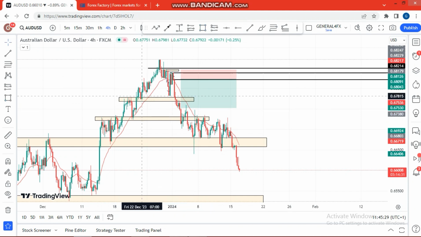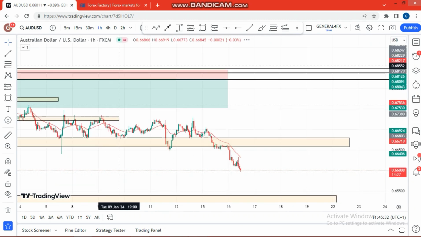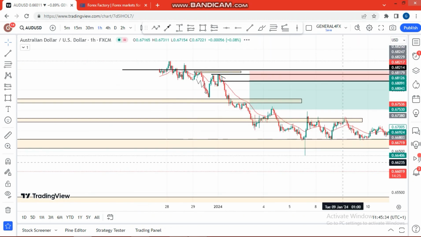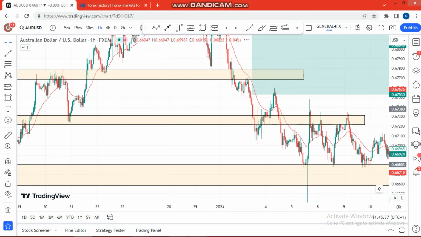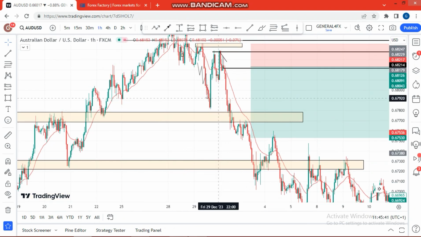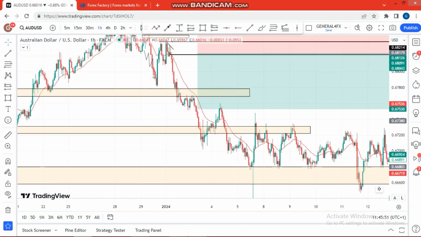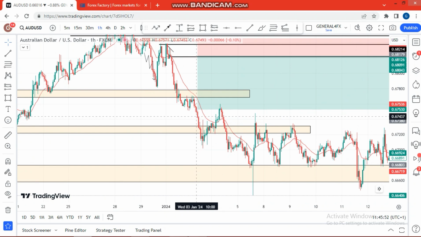But when I went to the 1 hour time frame, I was waiting on a candlestick confirmation to show me that we are bullish on this area, that the buyers are in on this area. But it never came in this area, you see it right there. I also went to the 30 minute time frame. There was no confirmation on longs or price changing course.